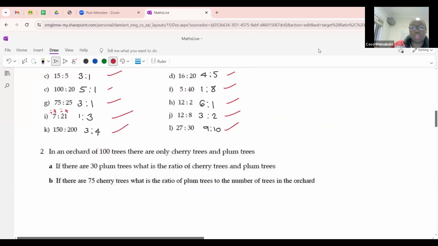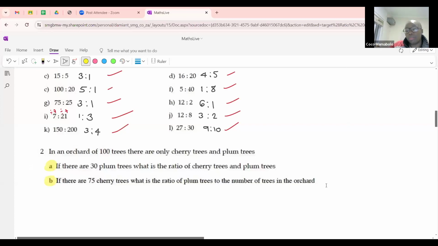All right, let's look at question 2 over here. It says, in an orchard of 100 trees, there are only cherry trees and plum trees. If there are 30 plum trees, what is the ratio of cherry trees to plum trees? I want us to try these two questions, number 2A and B. I'm going to give you guys 3 minutes because it's only 2 questions.